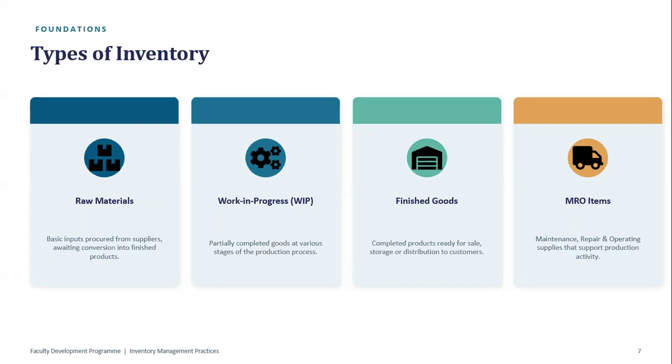Finished goods are the products ready for the customers. Finally, MRO inventory, that means maintenance, repair, and operating supplies such as lubricants, spare parts, and cleaning materials. Understanding these various categories helps organizations develop appropriate inventory control policies.